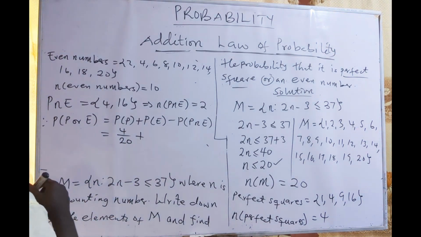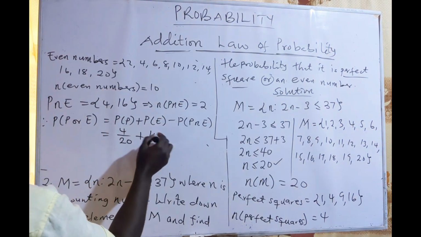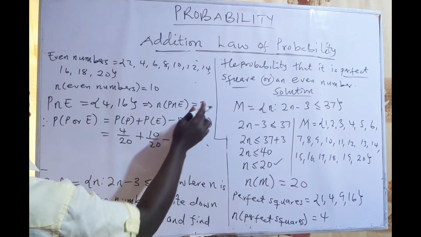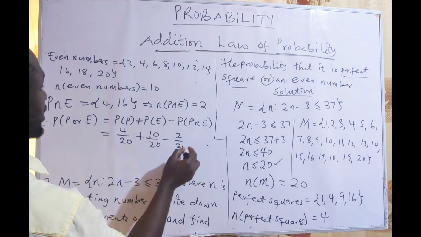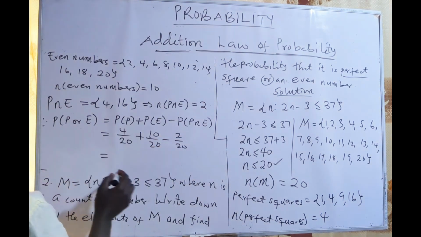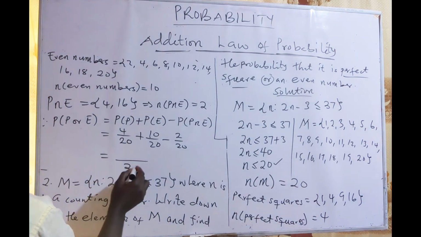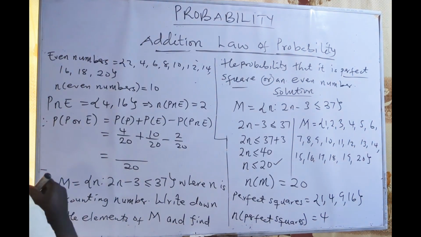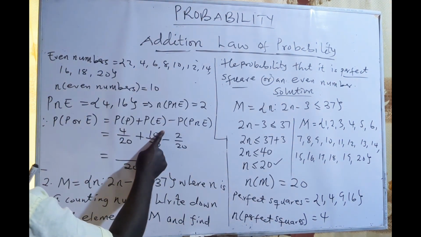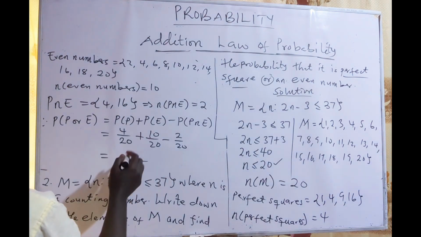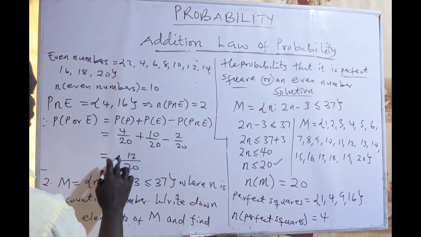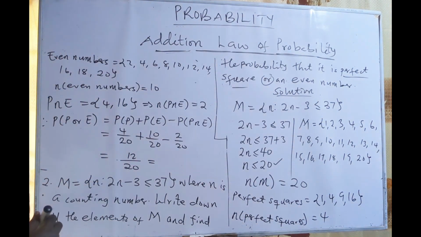Plus the probability of even, how many even? 10 over 20. And the probability of the intersection is 2 over 20. So our LCM will be 20. That is 4 plus 10, which gives us 14, minus 2, which gives us 12. So 12 on 20.